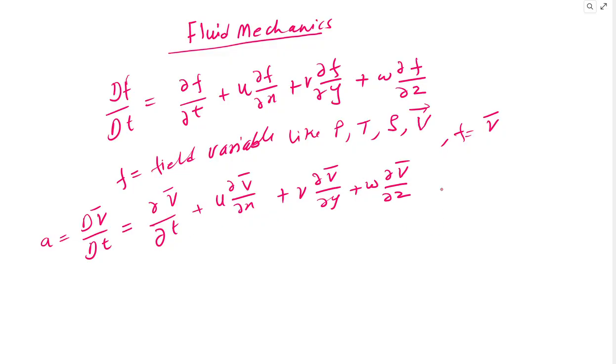So we know velocity V equals u i plus v j plus w k, where i, j and k are the unit vectors, right? i is the unit vector in the x direction, j in the y direction, and k in the z direction, right?